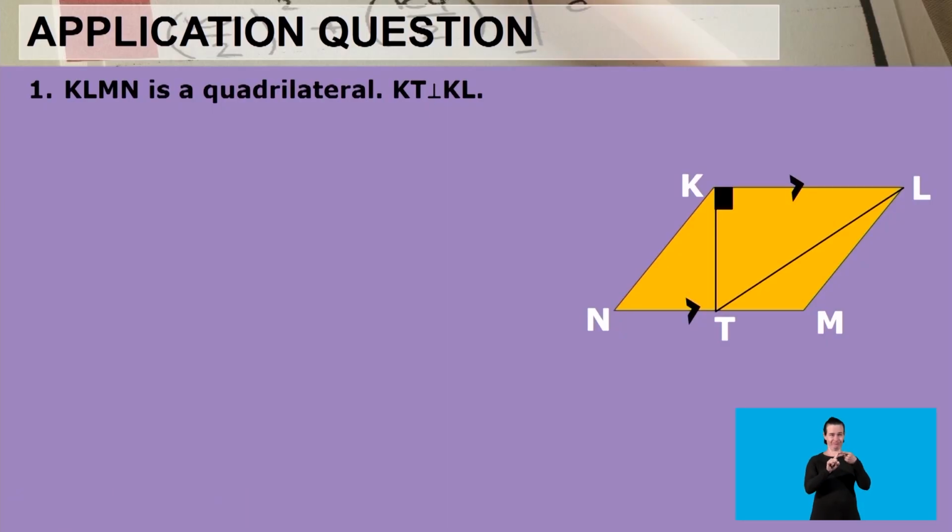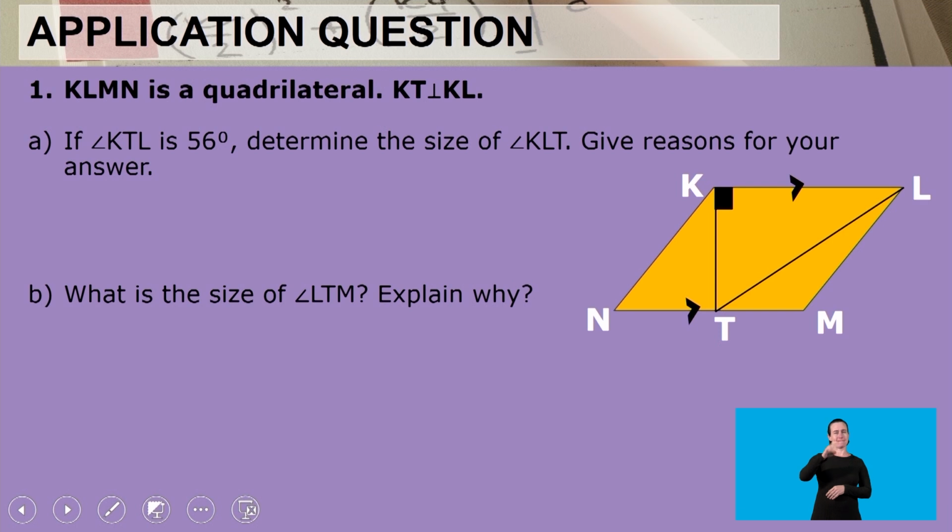Question 1. KLMN is a quadrilateral and KT is perpendicular to KL. As the diagram shows us, perpendicular makes that angle 90 degrees.